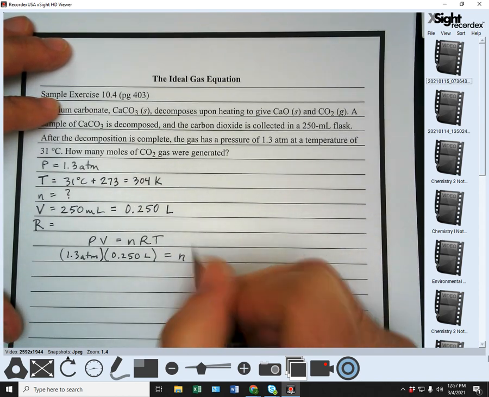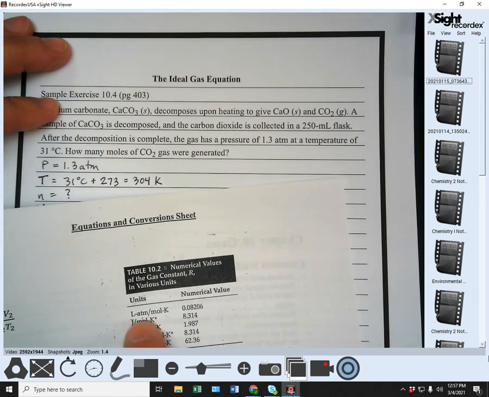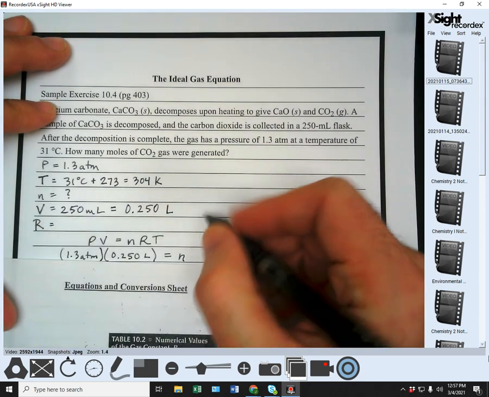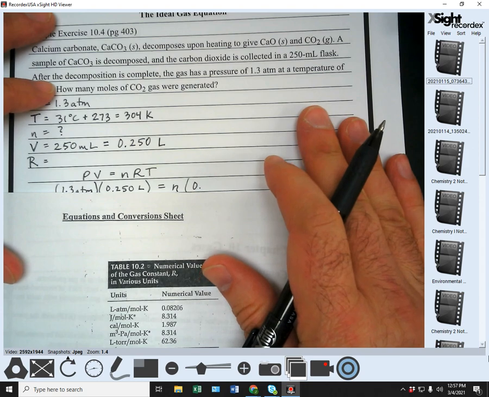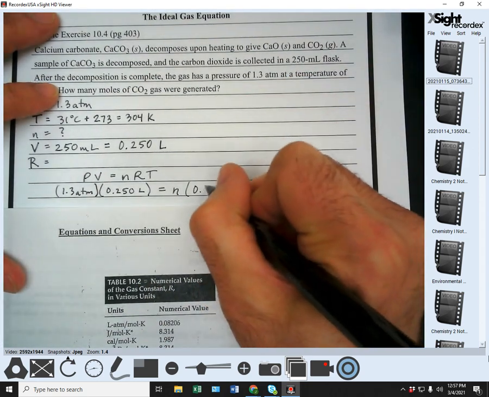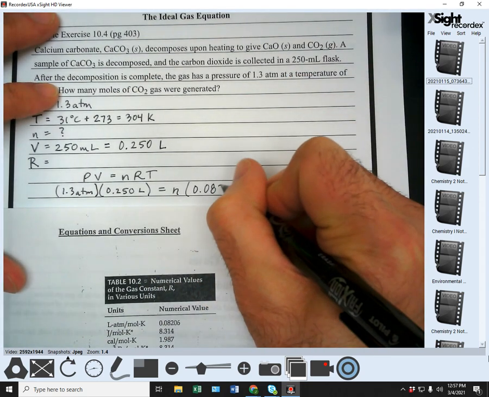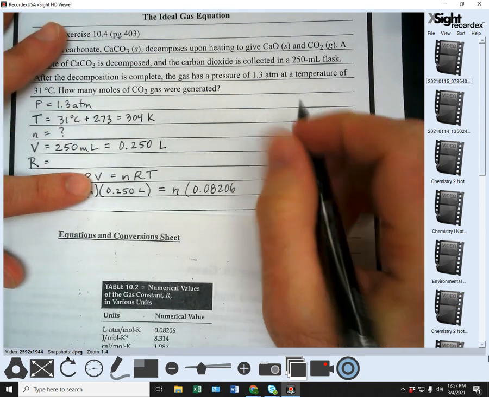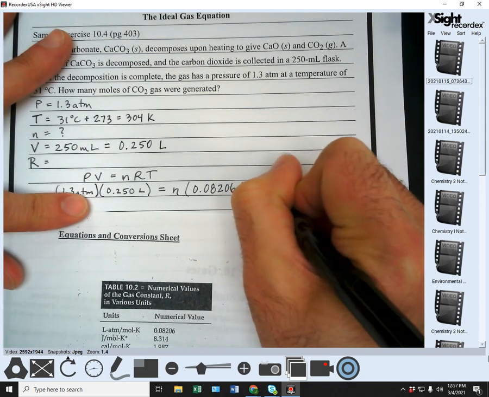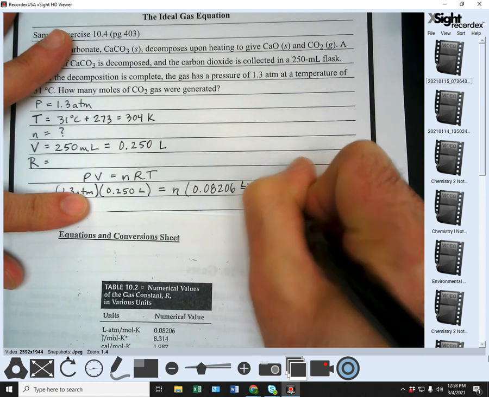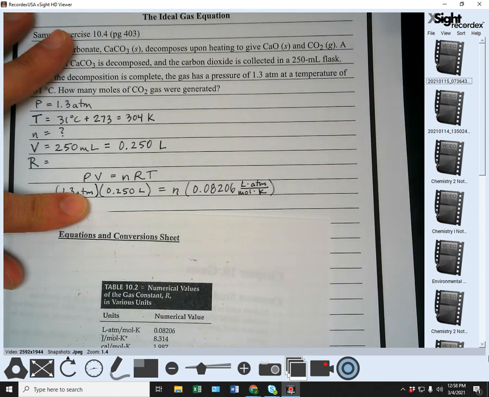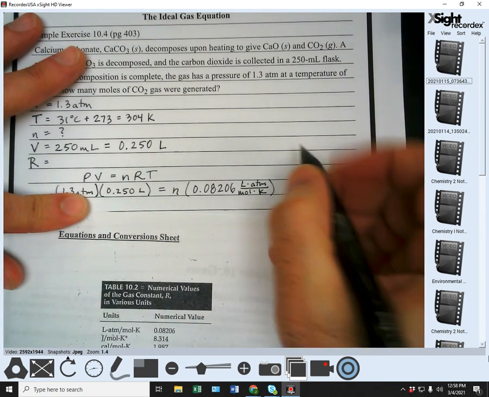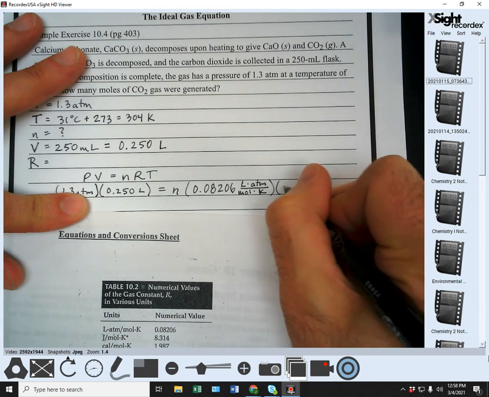We're going to use the R with liters, atmospheres, moles, K. So this number, 0.08206, and the label is liters atmospheres over moles K, like that. Okay, and then our temperature is 304 K.